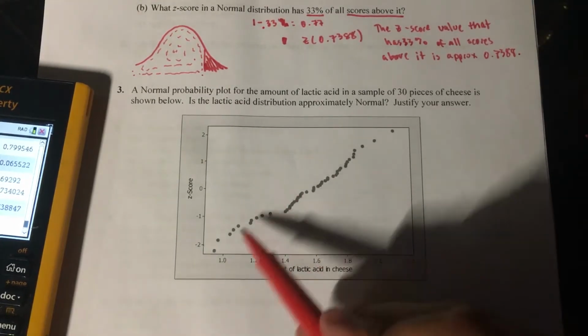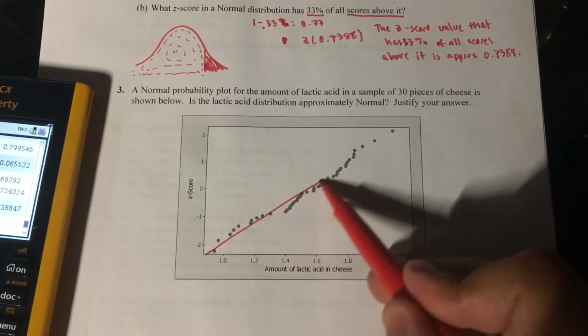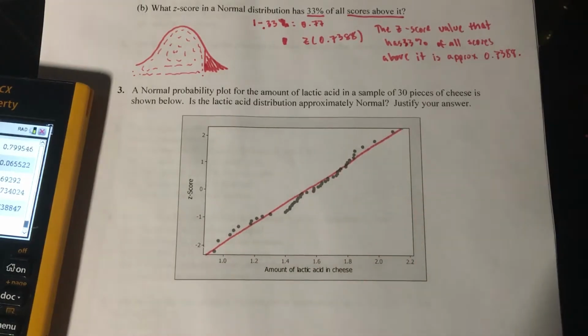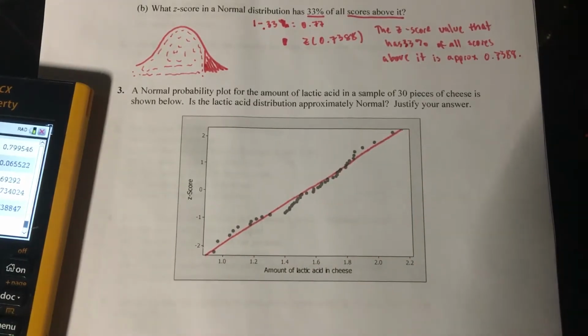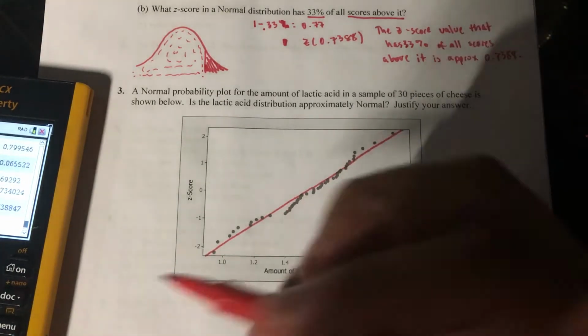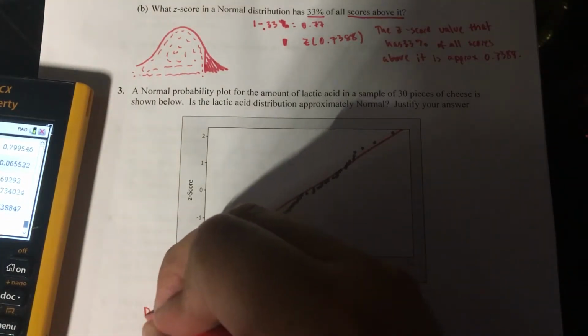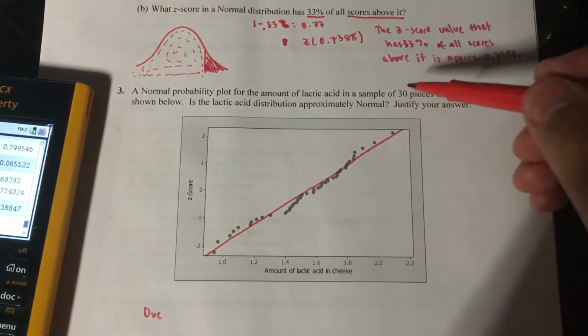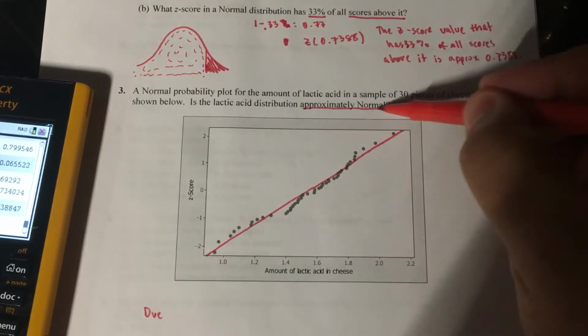This is what we talked about today, the normal probability plot. If I were to draw a line here, this does look pretty linear. Here it's asking, is it approximately normal?